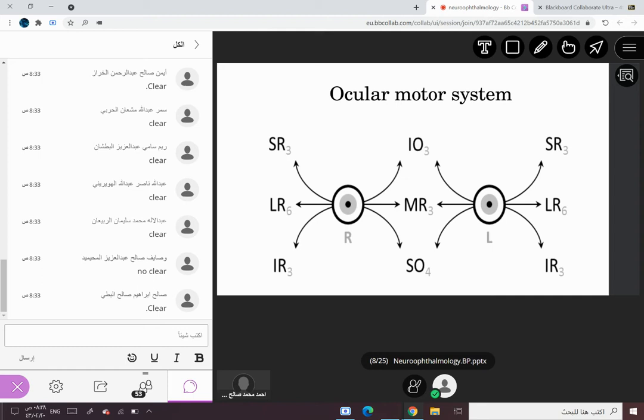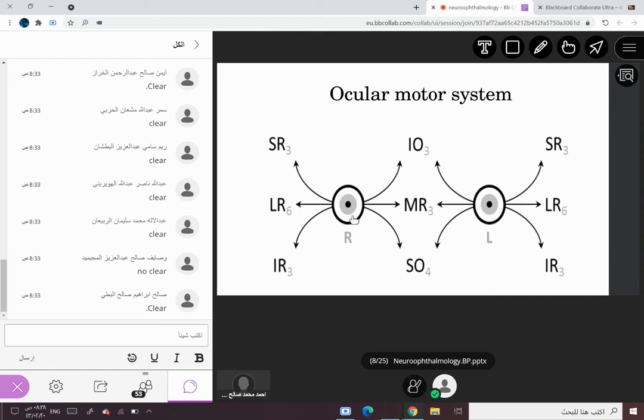Now let's go to the motor system, or ocular motor system. This simple chart or simple picture will help you in understanding the innervation of the extraocular muscles by the cranial nerves, and also the action of the extraocular muscles.